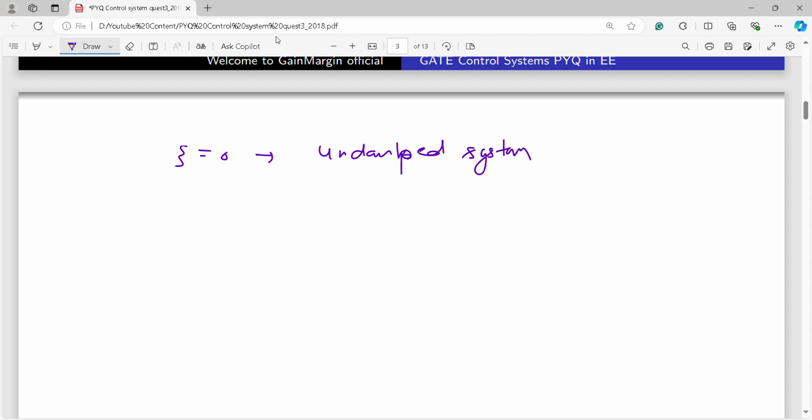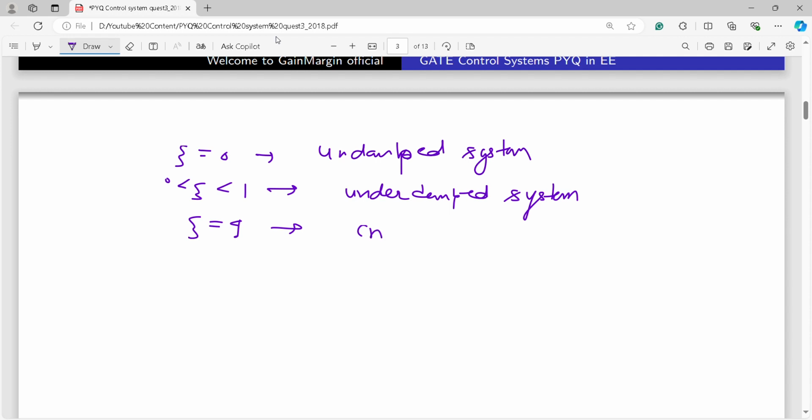If zeta is greater than 0 and less than 1, it is called the underdamped system. If zeta is equal to 1, it is called critically damped. And zeta greater than 1 is called the overdamped system.